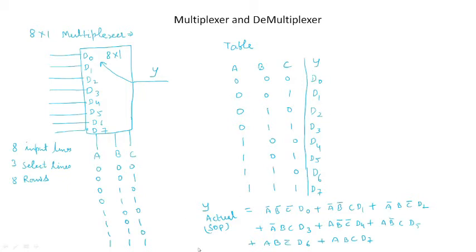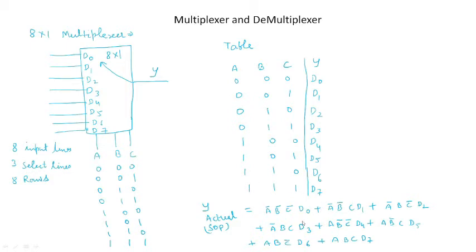For the actual output, we will write the SOP form, and it will be written as A bar B bar C bar D0, then A bar B bar C D1, then A bar B C bar D2, then A bar B C D3, then A B bar C bar D4, then A B bar C D5, then A B C bar D6, then A B C D7.